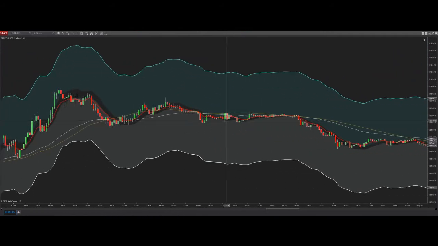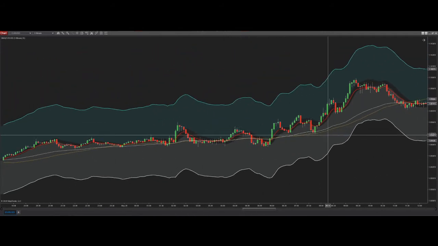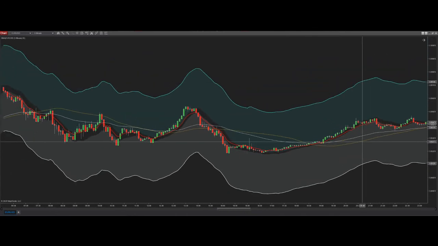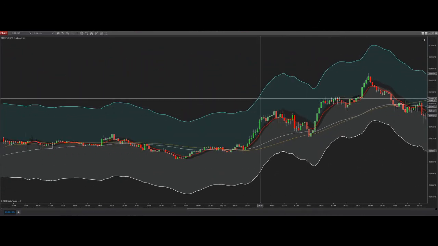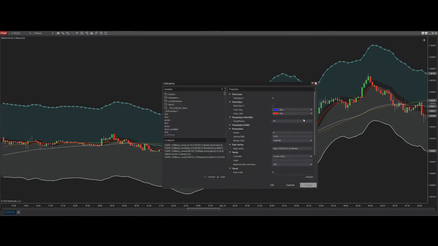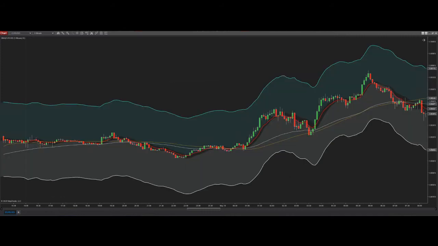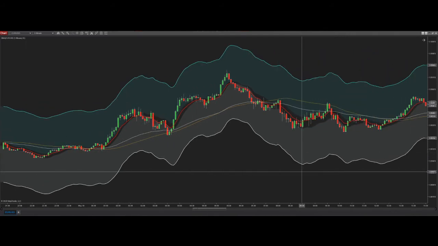Go up there. Okay, so they get some openings and then they pull back. And then, as I said, they can be vice versa.